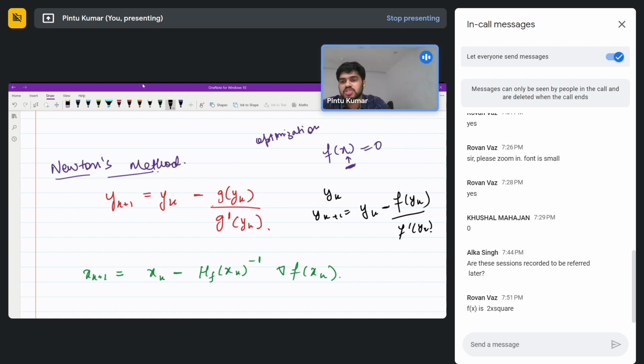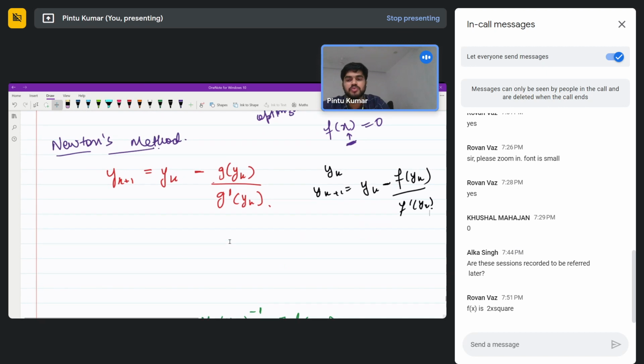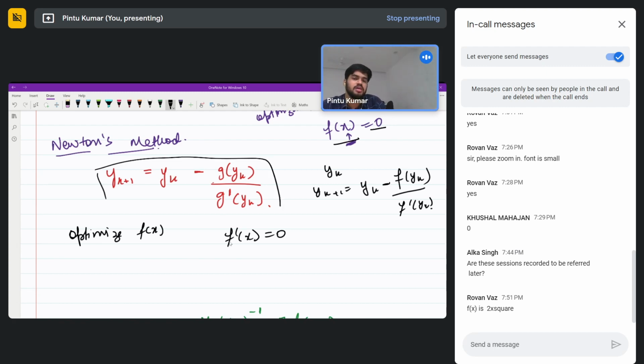Now people have proposed using this to optimize a function that is given to you. Let's say you want to optimize f of x. Your first step is to find f dash x equal to 0, so you are finding the root of f dash x using Newton's method.